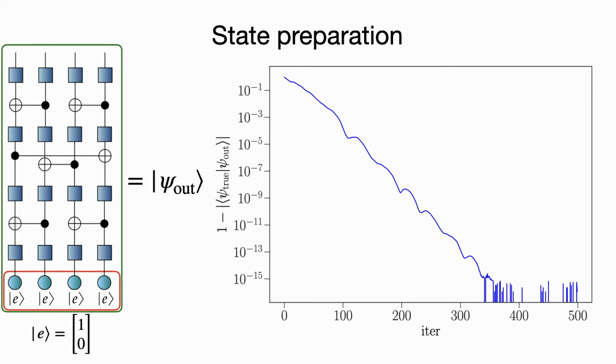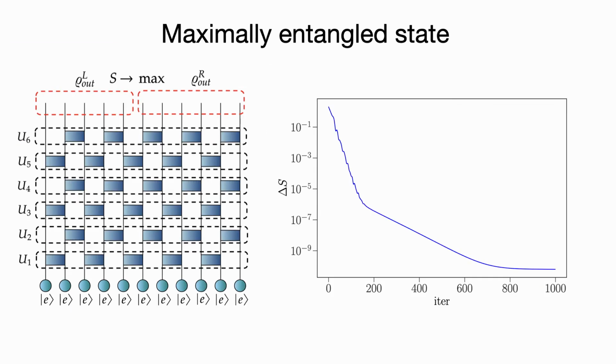We can use Riemannian optimization to optimize different kinds of quantum programs. For example, by application of this quantum program to some trivial quantum state, we can achieve maximally entangled quantum state via maximizing entanglement entropy between subsystems of an output quantum state.